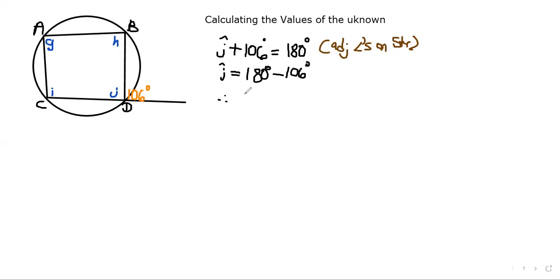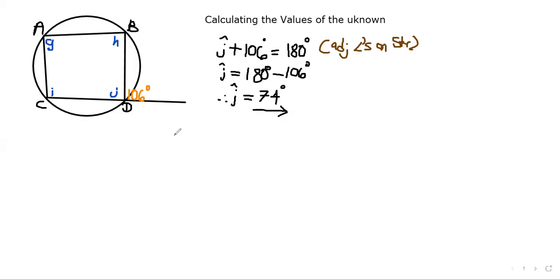Therefore, angle J is equal to, you take your calculator and subtract 180 minus 106. What are we getting? We get 74. So angle J is equal to 74 degrees. After solving each unknown angle, you can go back and put it on the diagram.